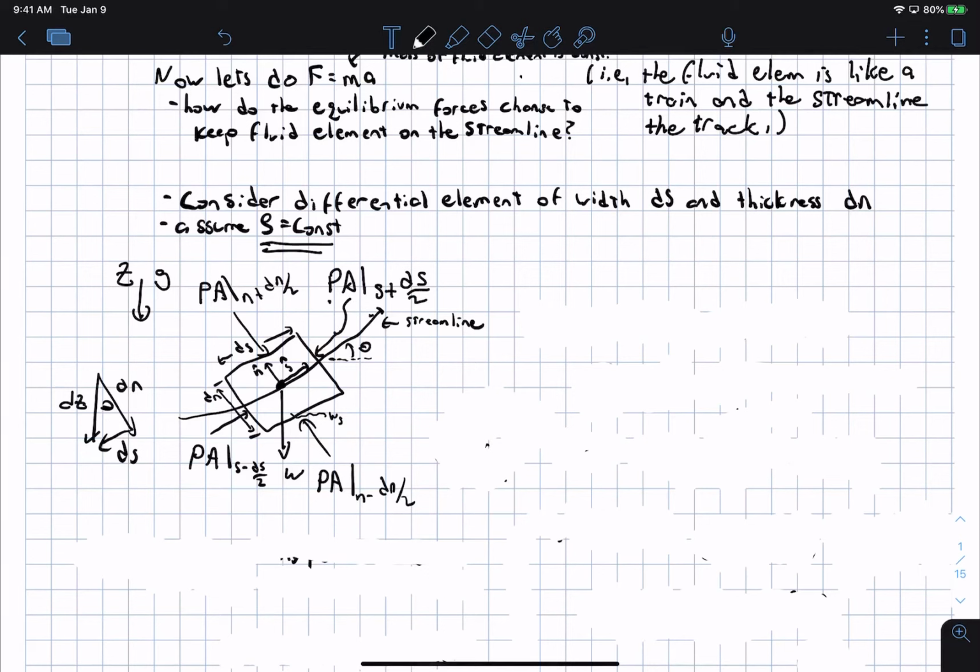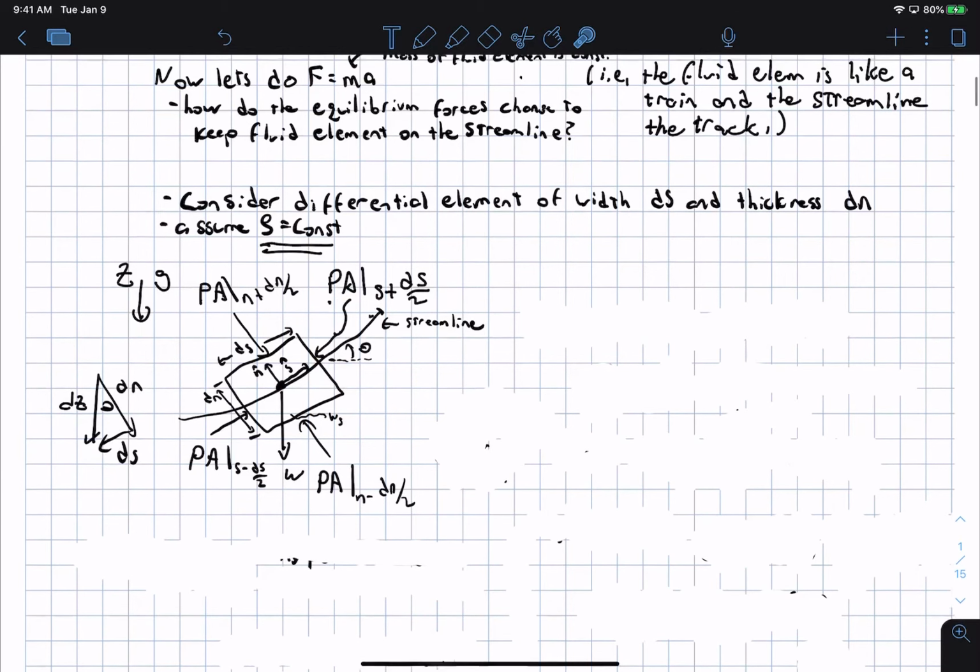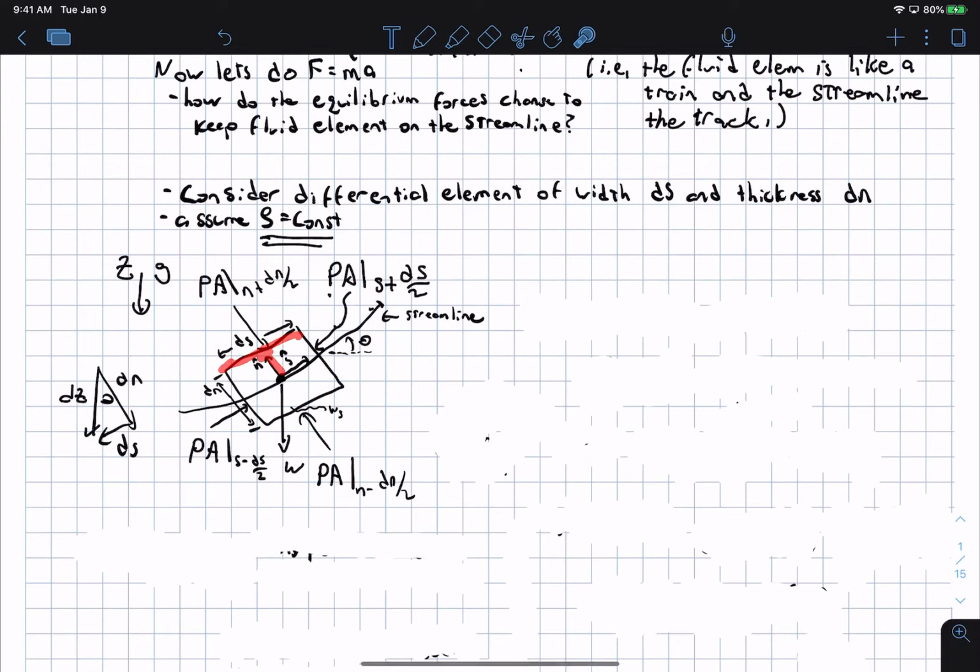Because that is the pressure times the area, and the location is not S, but a distance ds over 2 away from the center point of the element. And then so on and so forth for that force there and this pressure force here.